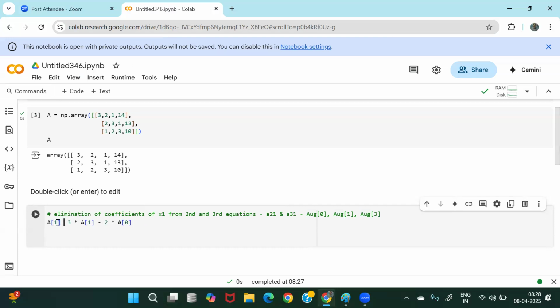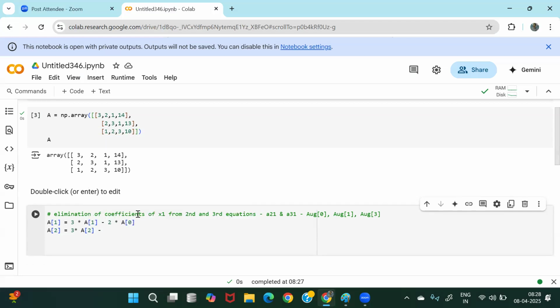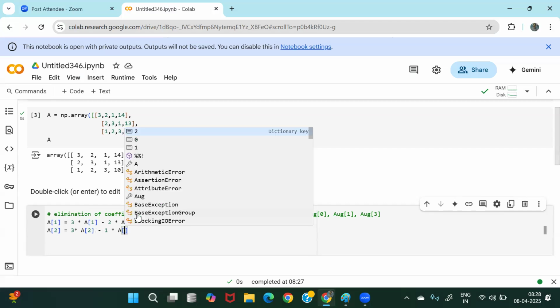Reference is row 0. Next operation: row 2 is equal to 3 into row 2 minus 1 into row 0.